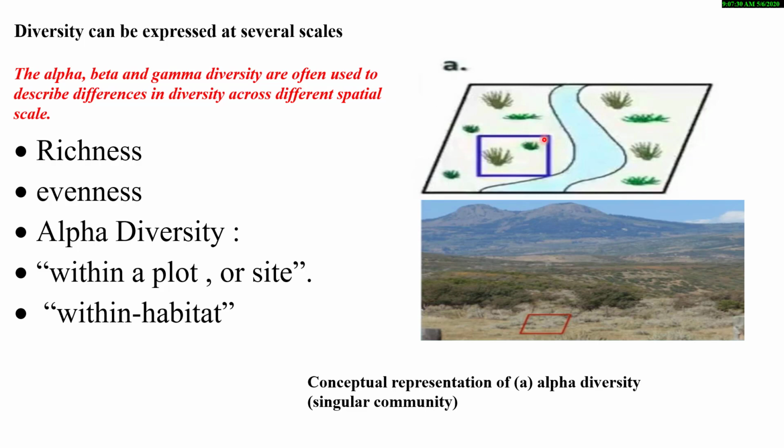When you lay plots within one location or within a habitat, this small plot, when you assess diversity within this plot, we say that you are looking at it at alpha level. This is an entire landscape. You see different landscape where there is vegetation, where there are mountains. When you lay a plot within this small habitat, and assess richness and evenness within this small area, we say that you are looking at the diversity at alpha level.